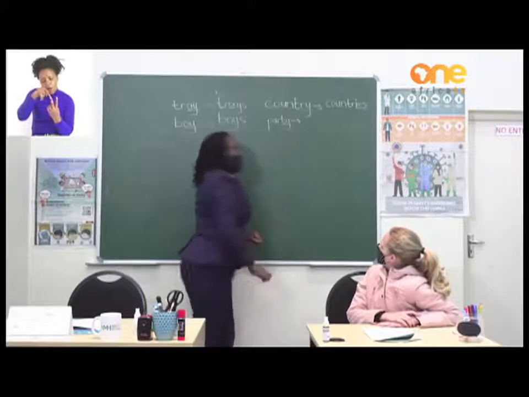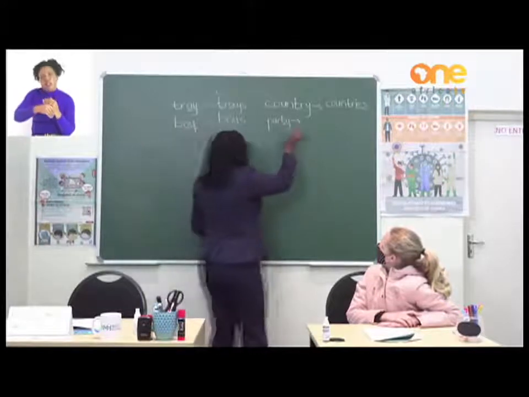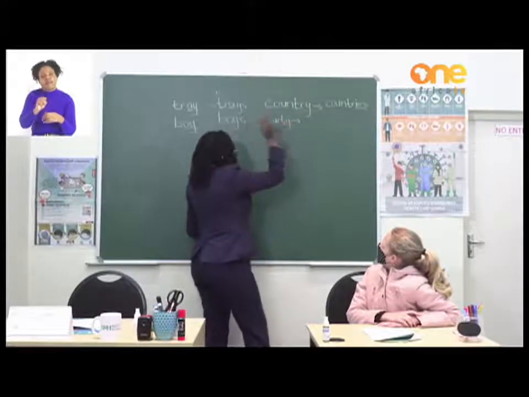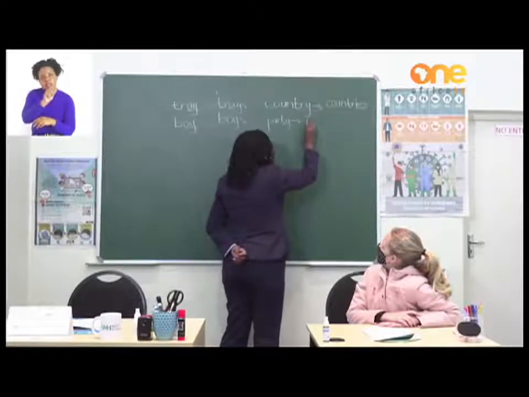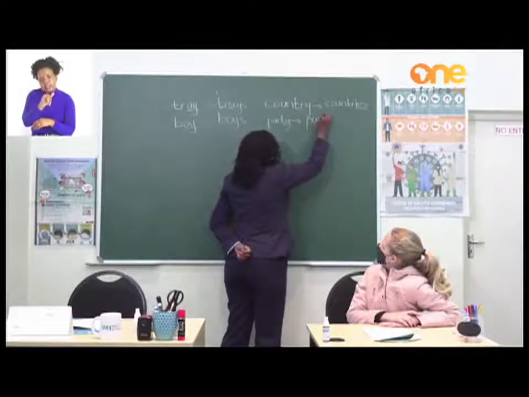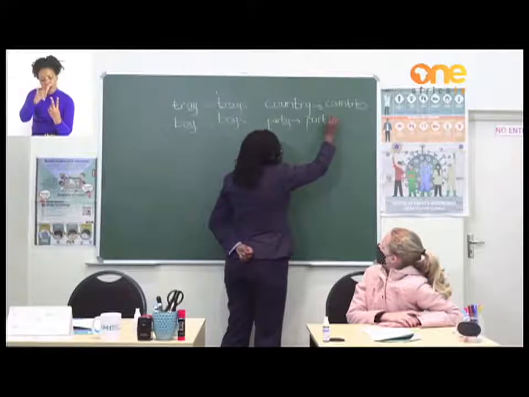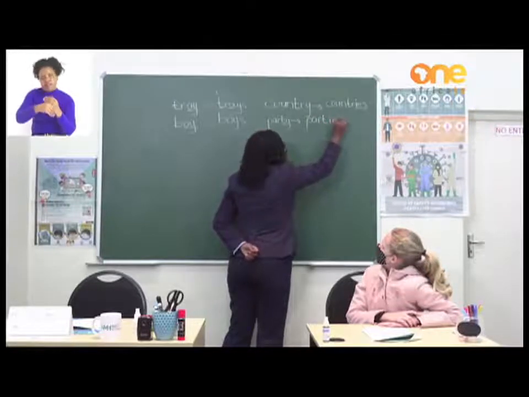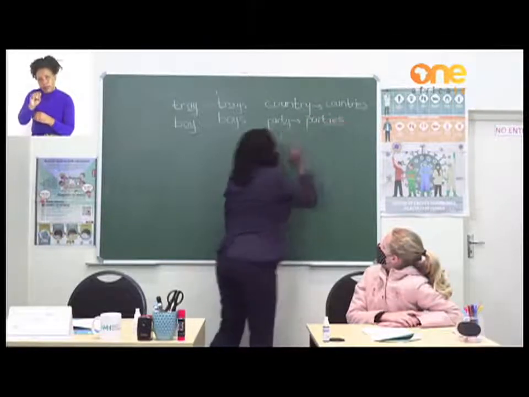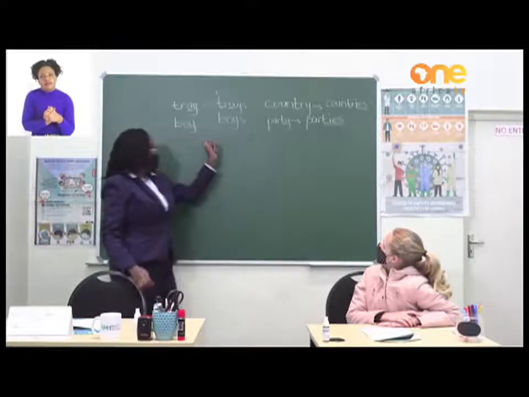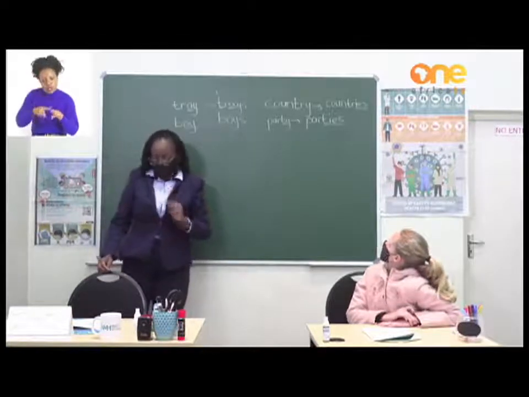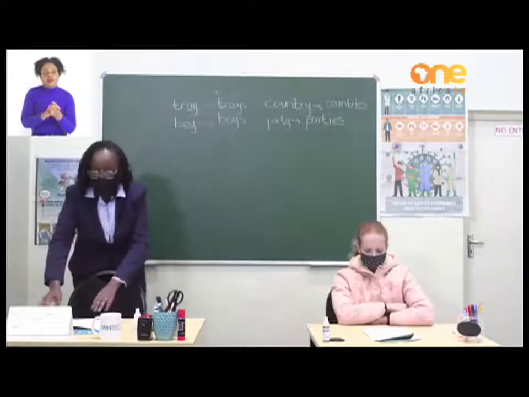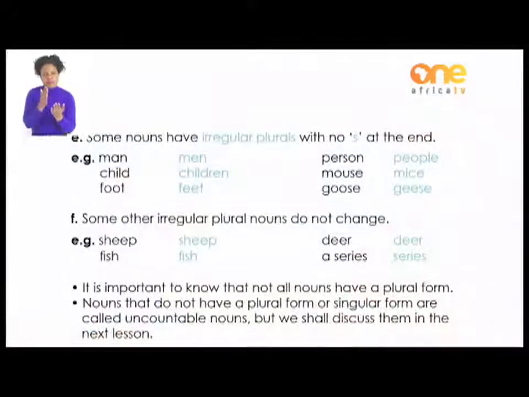The same thing with party. Party ends in T and is followed by Y. So what we do is we drop the Y and we add IES, and we have parties. That's the difference between the two. Now let's go back to the booklet and we turn to page 4.